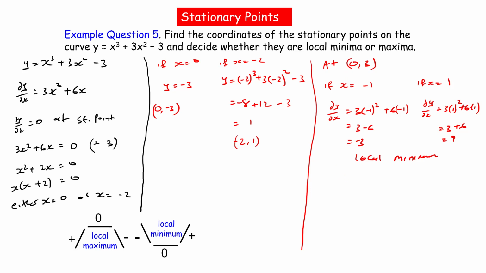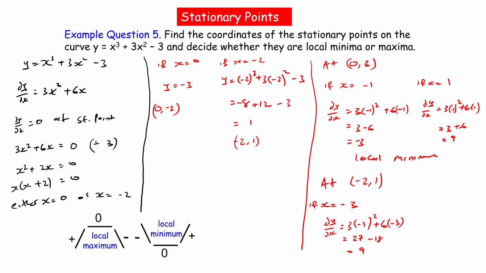And if we transition then, and we look at the other point, at minus 2, 1, what's happening there? Well, just before minus 2, so if x equals minus 3, dy by dx is equal to 3 times minus 3 squared plus 6 times minus 3, which is 27 minus 18, which is 9, so positive.